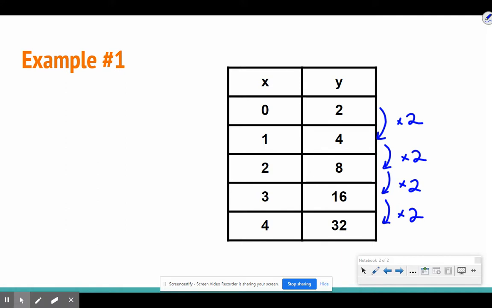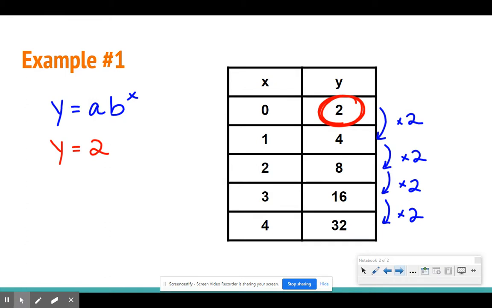So since we are multiplying by the exact same number all the way down, we can say that this is an exponential. So I'm going to be using y equals ab to the power of x. Remember, a is our starting value. Right here, 2 is our starting value, so I'm going to write y equals 2.